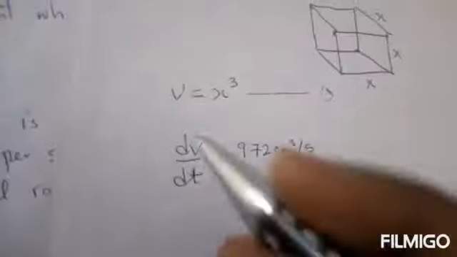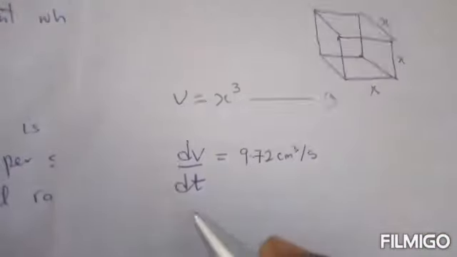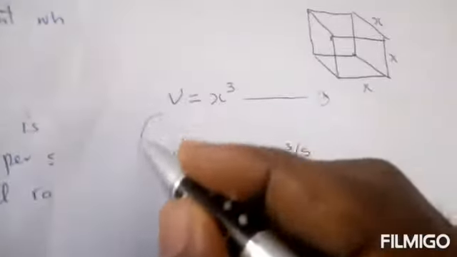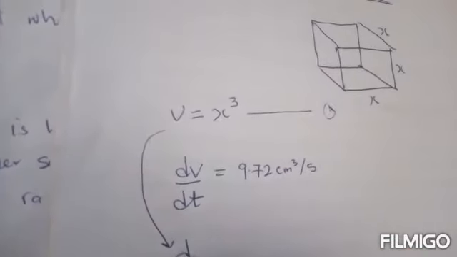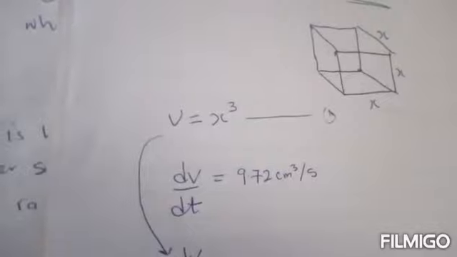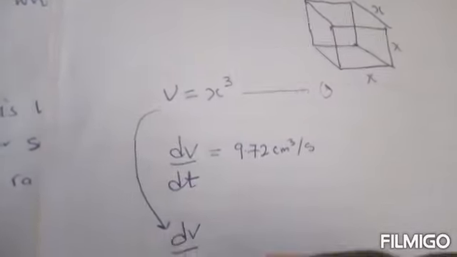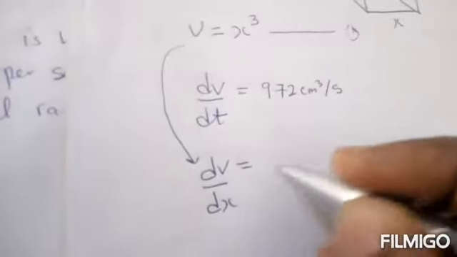From this equation, you can differentiate, dV/dx, that would be 3x squared.